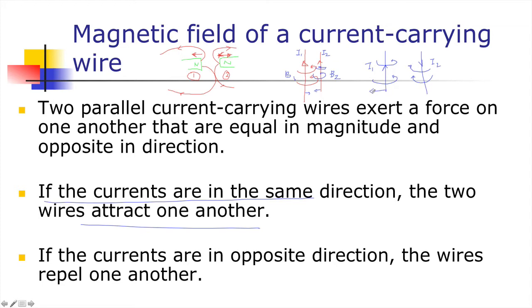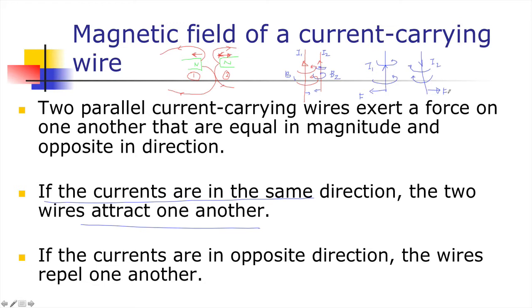Then the two will start to repel each other, so you'll have a force from here and a force from there. And of course the forces are equal in magnitude, because of action and reaction from Newton's third law.